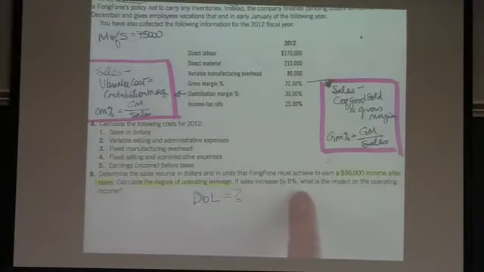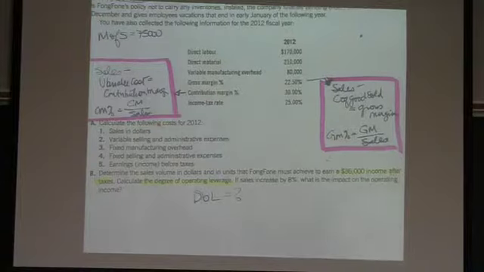To do that, we need to understand the degree of operating leverage. So that is what we're asked to do, and we're going to take a look at this question in a minute.